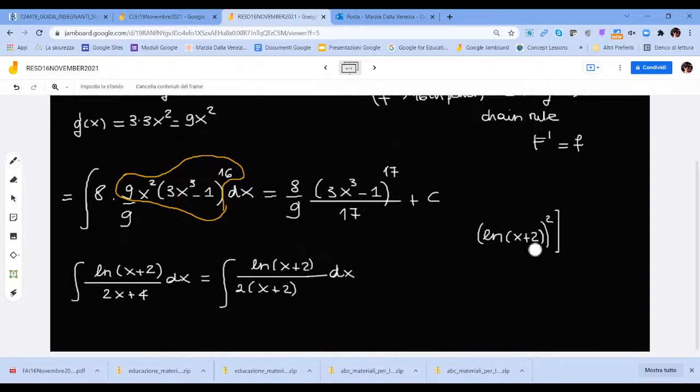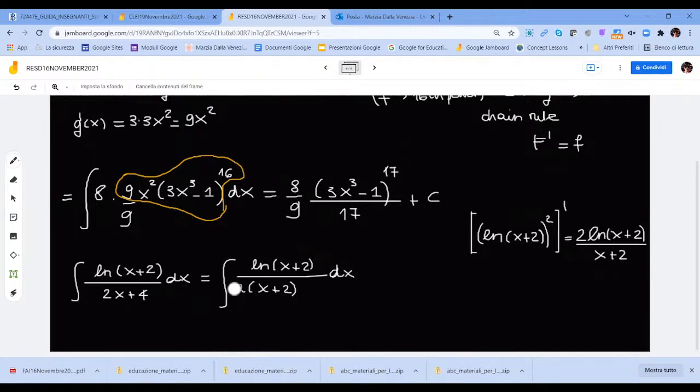Okay, then you compute the derivative. This is 2 times the first power of logarithm of x plus 2, multiplied by the derivative of the argument, that is 1, and by the derivative of the logarithm, that is 1 over x plus 2. So it is already something that we have inside the integral.